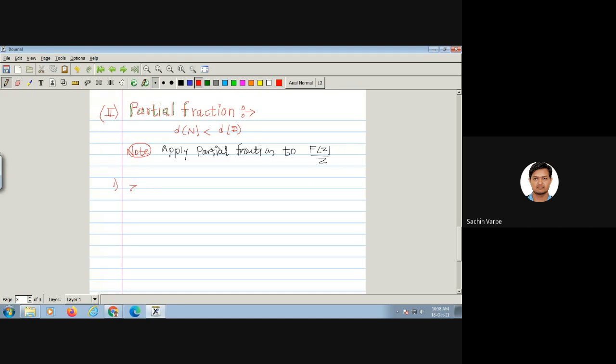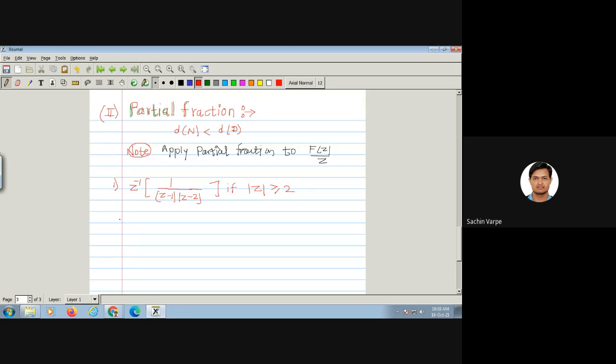Find the inverse Z transform of 1 upon (z minus 1)(z minus 2), which is already in factored form, if the ROC is mod z greater than or equal to 2.